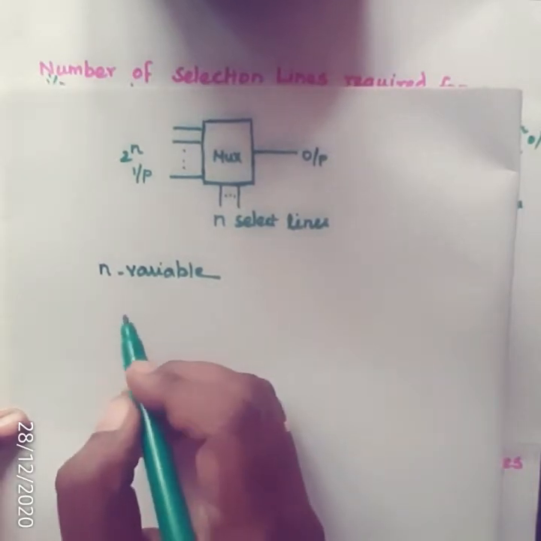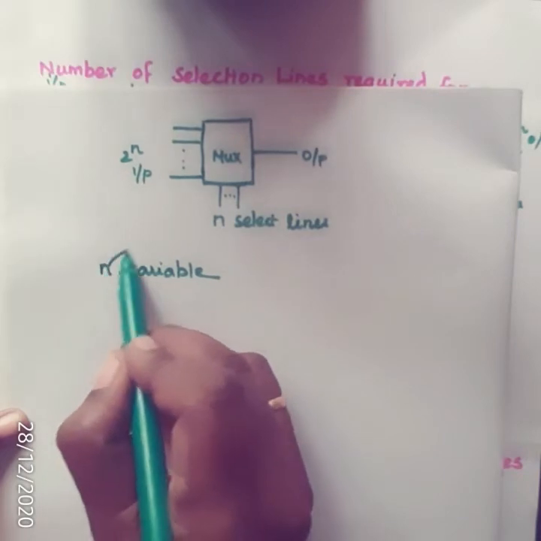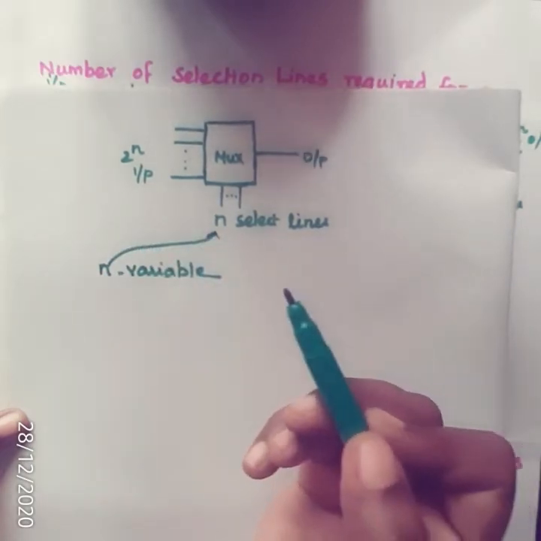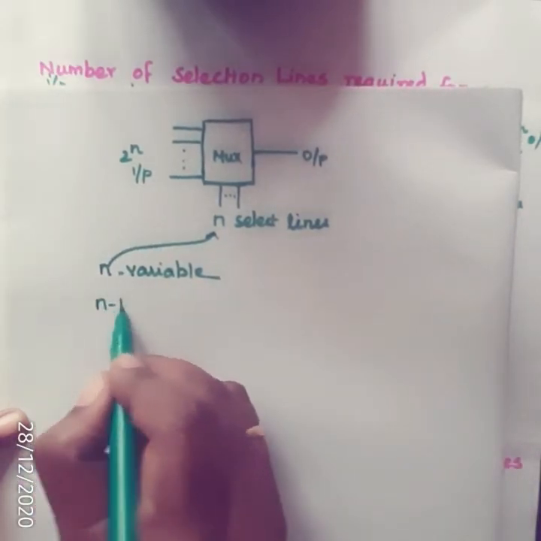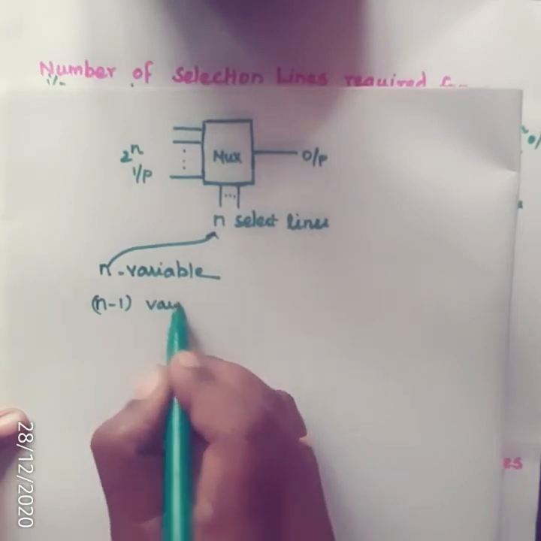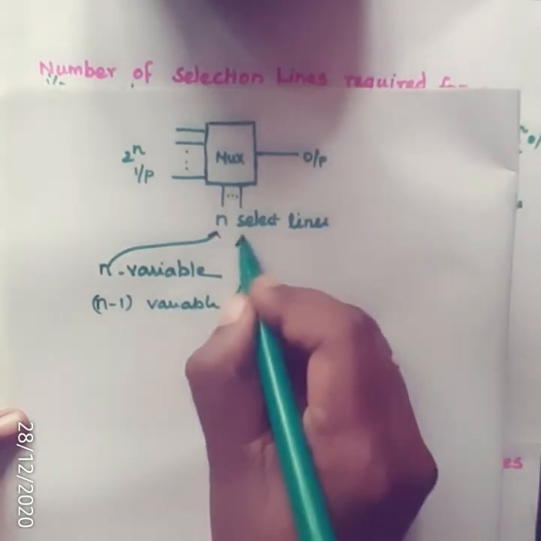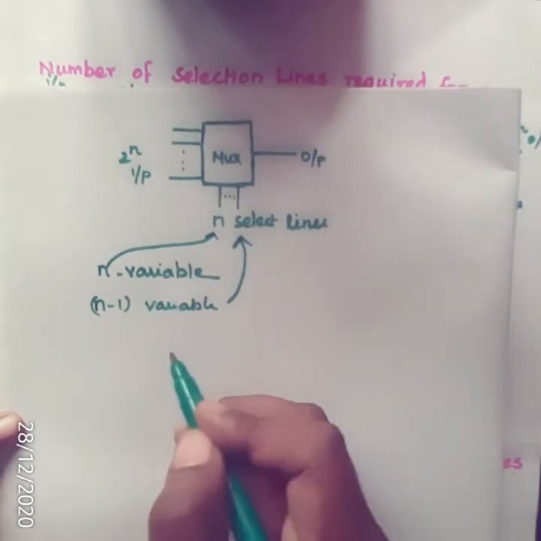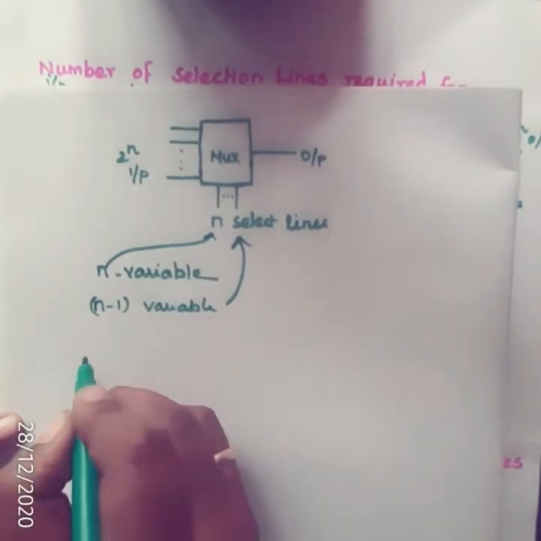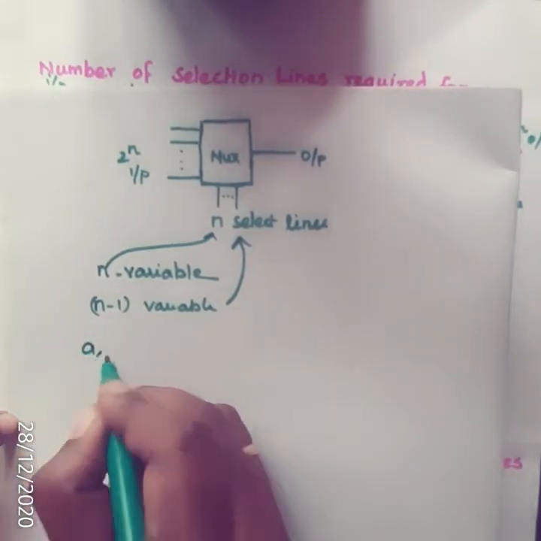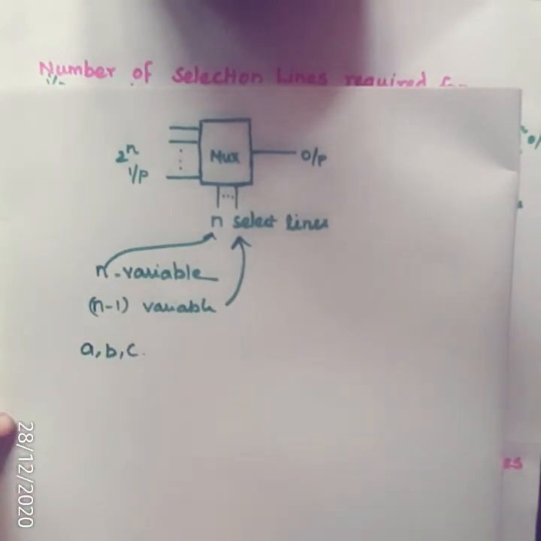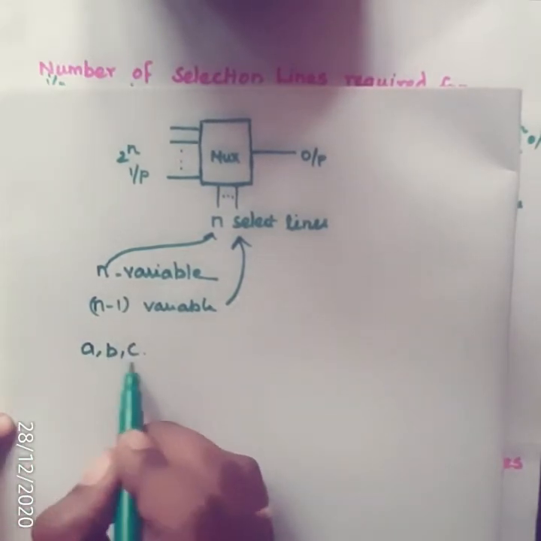First, you can apply all the n variables to the selection lines, or you can apply n minus 1 variables to the selection lines. For example, if the function consists of 3 letters, that is A, B, C, there are two methods.